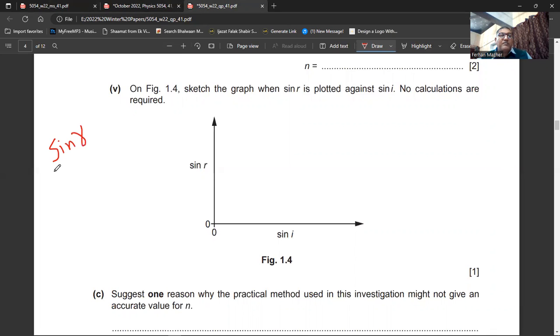Sine R by sine I will be like 1 divided by 1.4. So the line you will draw, its gradient must be less than 1. So the line must be something here.